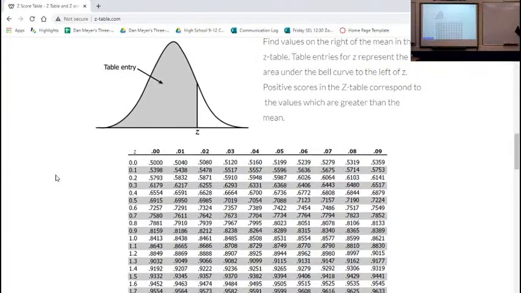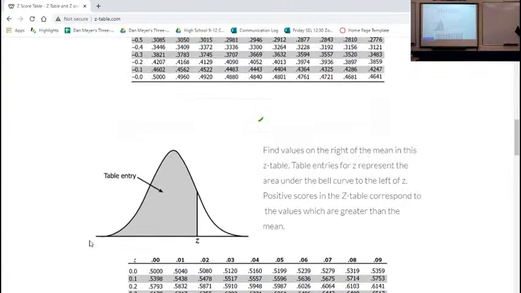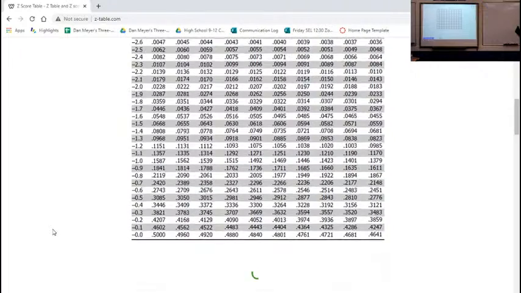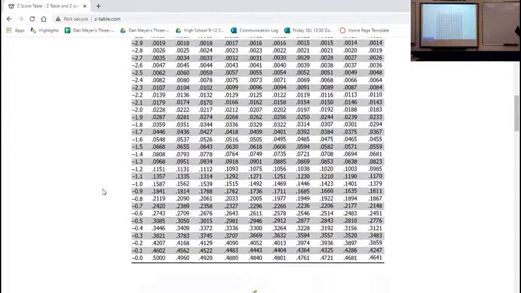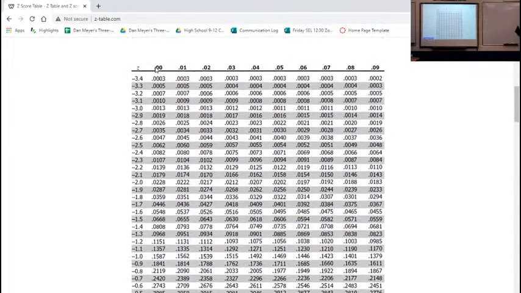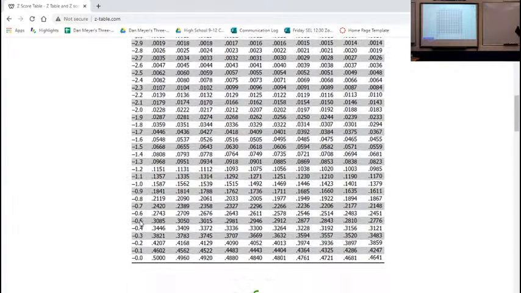So what you want to do is, we had a negative 0.5 as our z-score. So we are going to go to negative 0.5, and I want negative 0.50, since it was exactly negative 0.5. So I'm going to go into the 0.00 column. So negative 0.50 is 0.3085.